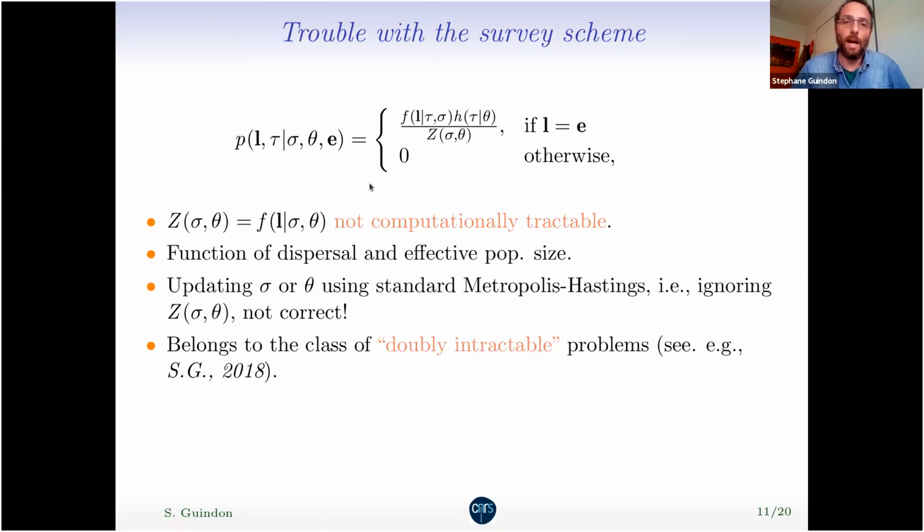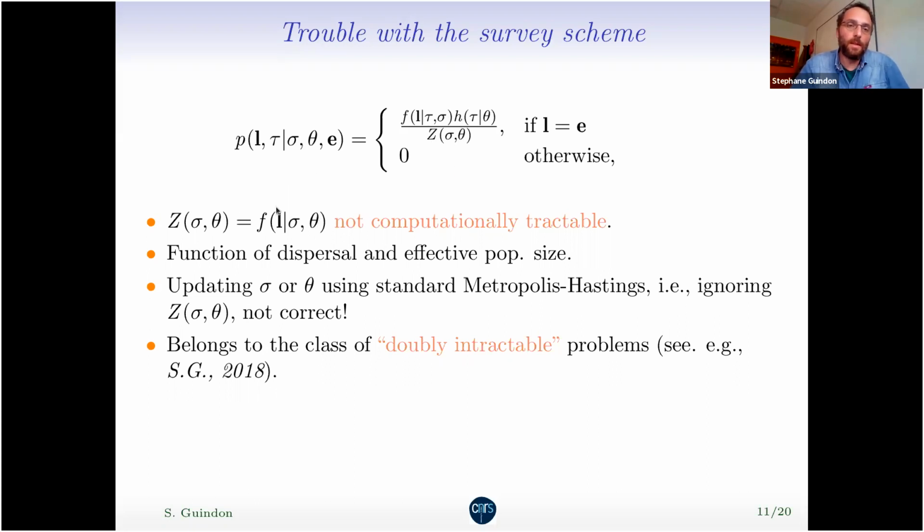So if we look at the way we need to define this density, because we're conditioning on E, the sampling locations, we have to introduce a normalizing term Z, which is a function of the dispersal parameter and the effective population size.